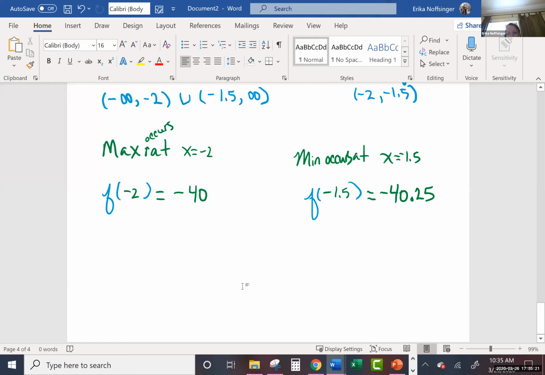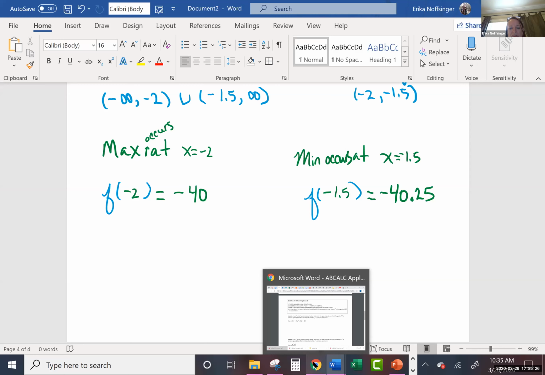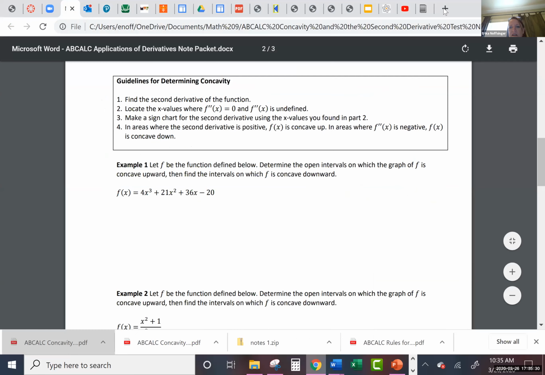Okay, so real quick, I want to go over to Desmos and graph that and look at what we had found and compare it to the graph on Desmos.